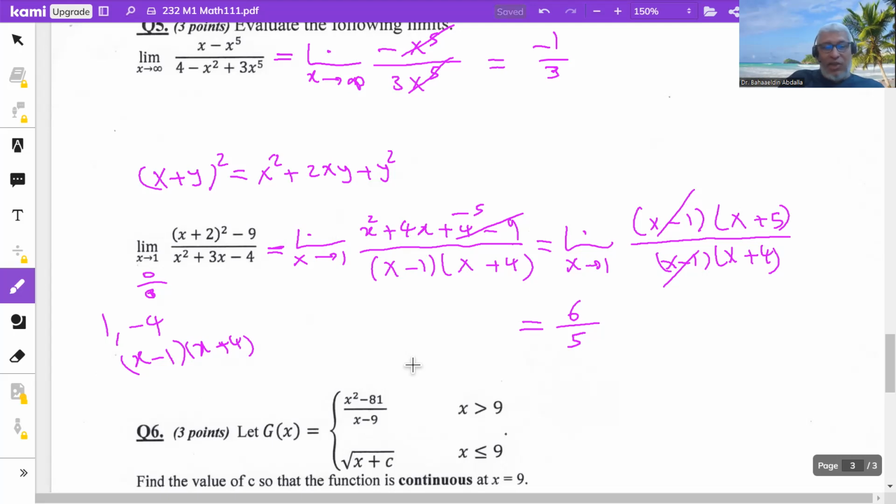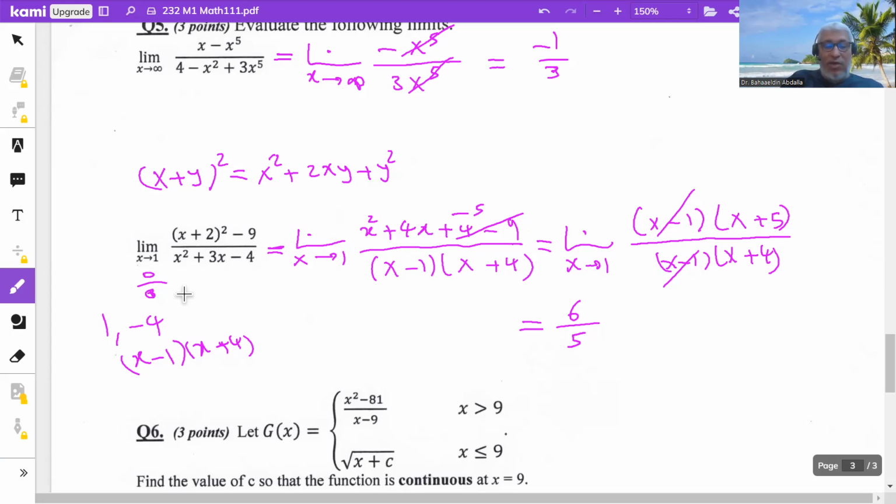All right. I can check whether my answer is acceptable or not. How? By replacing x by a number very close to 1, like 1.0001, for example. So I open a bracket, I write 1.001 plus 2, and then close the bracket squared minus 9, over 1.001 squared plus 3 times 1.001 minus 4.